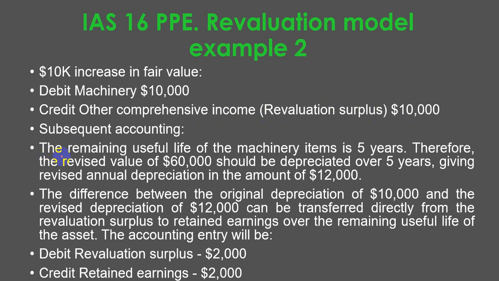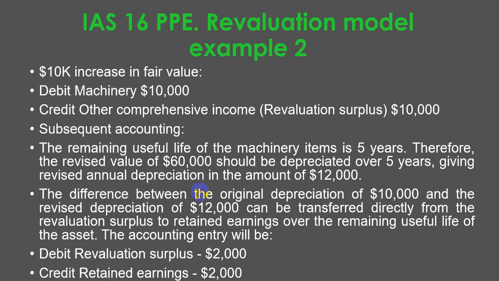So also the remaining useful life of the machinery item is 5 years. Therefore the revised value of 60,000 should be depreciated over 5 years, which gives us revised annual depreciation in the amount of 12,000. So 60,000 divided by 5, we have 12,000 yearly depreciation.